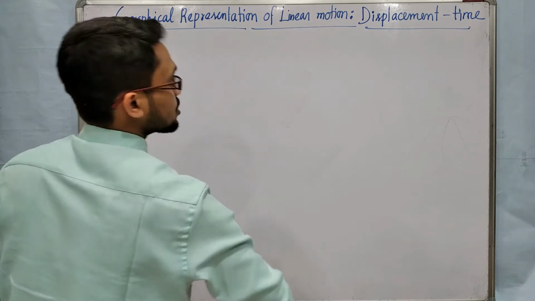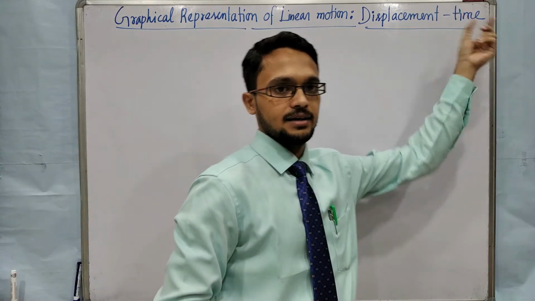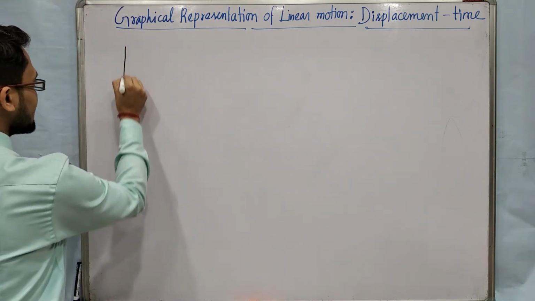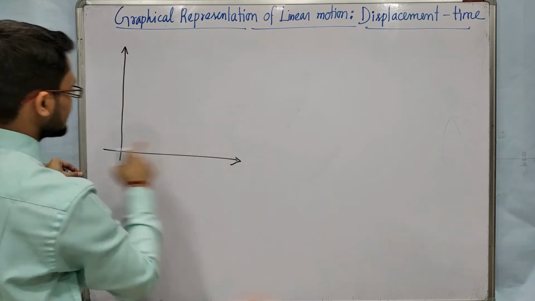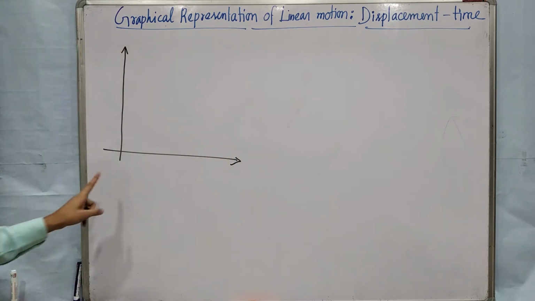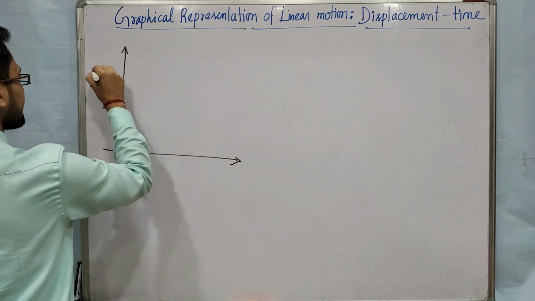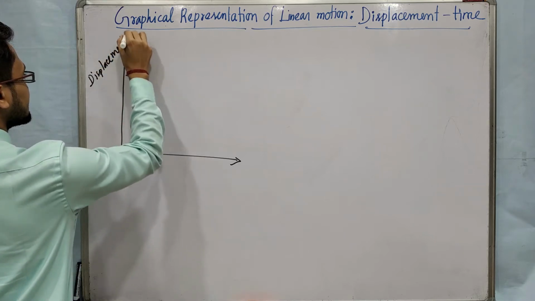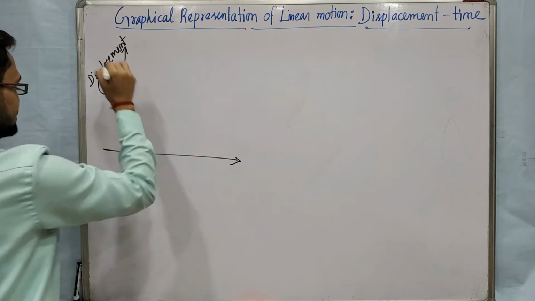In displacement time graph there are two terms, displacement and time. First we will draw a graph, that means x-axis and y-axis. Along y-axis we will put the first part, that is displacement. Whenever we write a physical quantity, we will also write its SI unit.